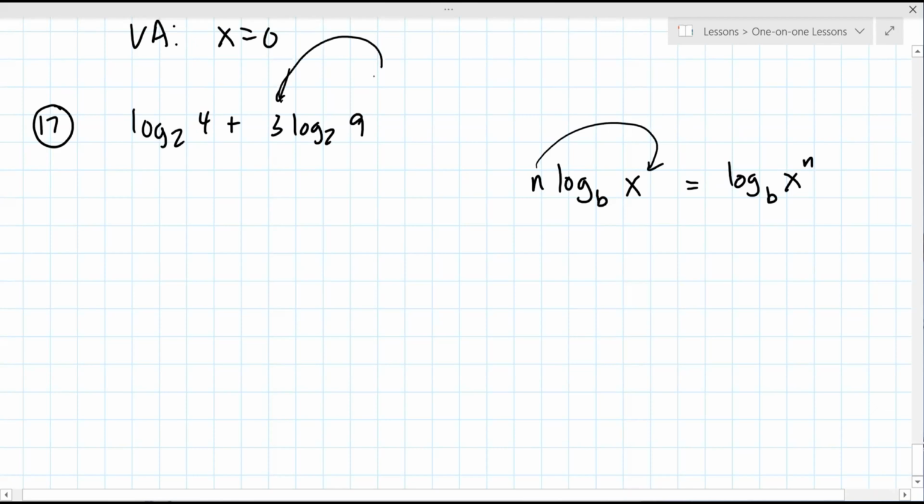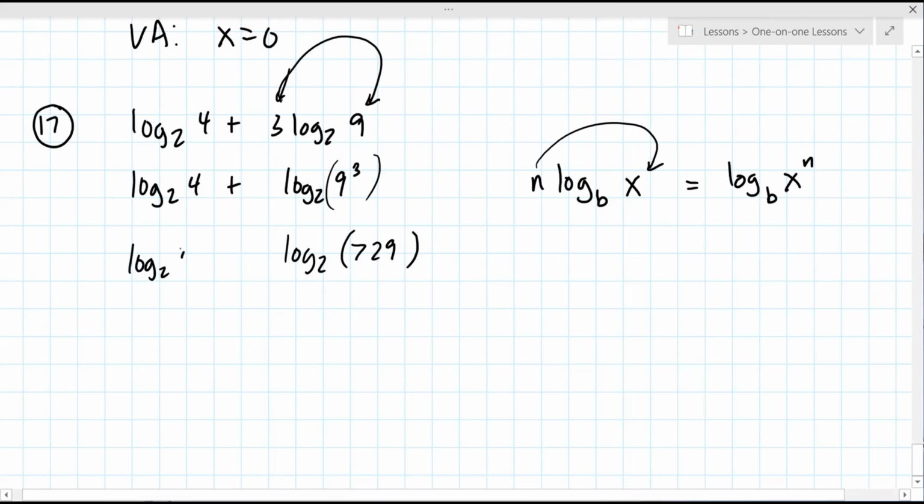So this 3 is going to come up as an exponent here. So it's log base 2 of 4 plus log base 2 of 9 to the power of 3. You can definitely simplify this if you want. It's log base 2 of 729, I believe.